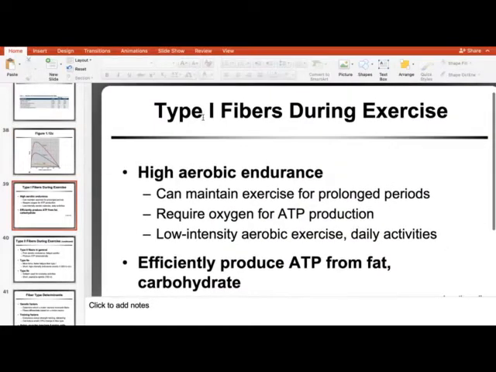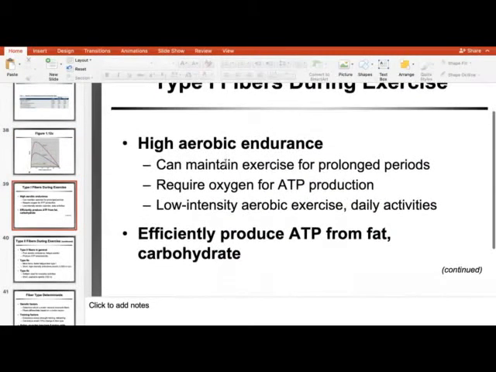Type 1 muscle fiber types during exercise are typically involved with aerobic endurance because they can utilize oxygen more effectively. There's more vascularization. Although there's less ATPase, usually there's more mitochondria, there's better vascularization, and there's a better ability to pull in oxygen and shuttle the oxygen to the mitochondria for activity.